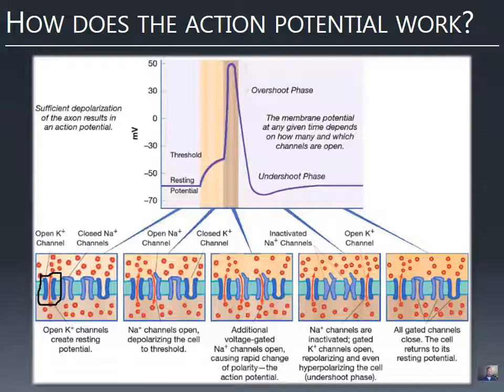So with these open channels, a little bit of potassium flows out, but the neuron has a molecule or a set of molecules in place that are constantly pumping in potassium and pumping out sodium. And that's how the neuron maintains these concentration gradients, how it maintains a lot of sodium outside and a lot of potassium inside. So it's just sitting there at its resting potential, a little bit of potassium going out.